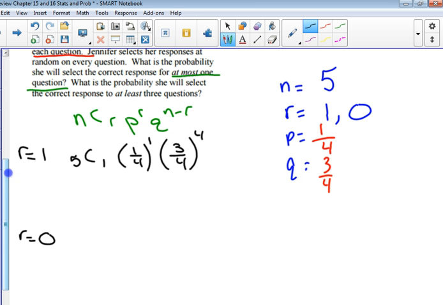And you want to do the same thing with 0. So you're just going to change the r's and whatever you would have needed to do with subtraction. Notice it says nothing about rounding here, so don't round any of this.